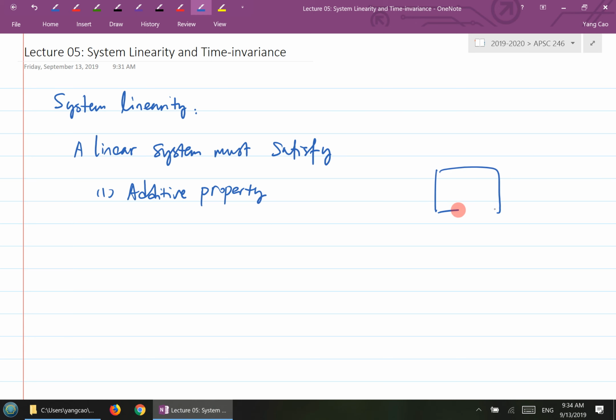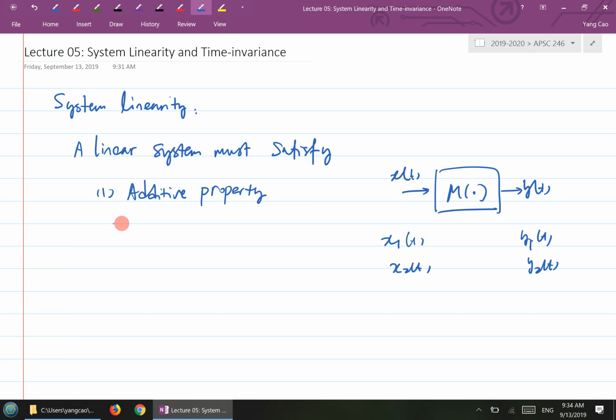If a system has an input x of t, it produces y of t. We use M as an operator representing the system. If x1 is another input, it will produce y1. x2 is another input, it produces y2.